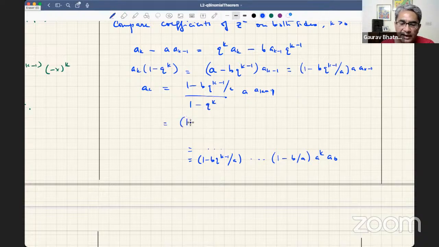So if I iterate it, I'll get b q to the k minus 1 over a squared.